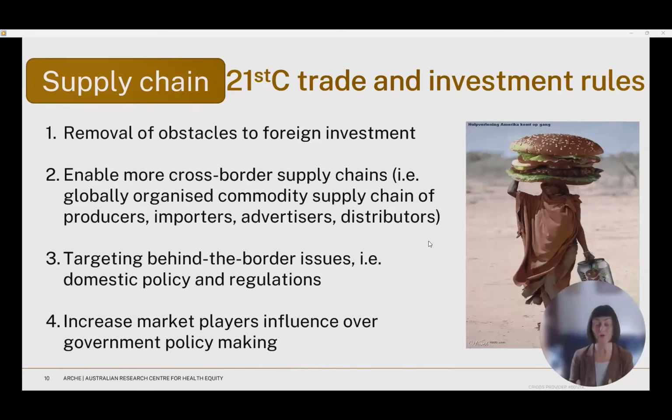That is a very contested area, with companies working really hard to make sure that these trade and investment rules are legally binding, different to some other policy areas. So that is all about the market players, the commercial actors, having much more influence in government policymaking. And that's got a whole suite of potential implications for social and health outcomes.